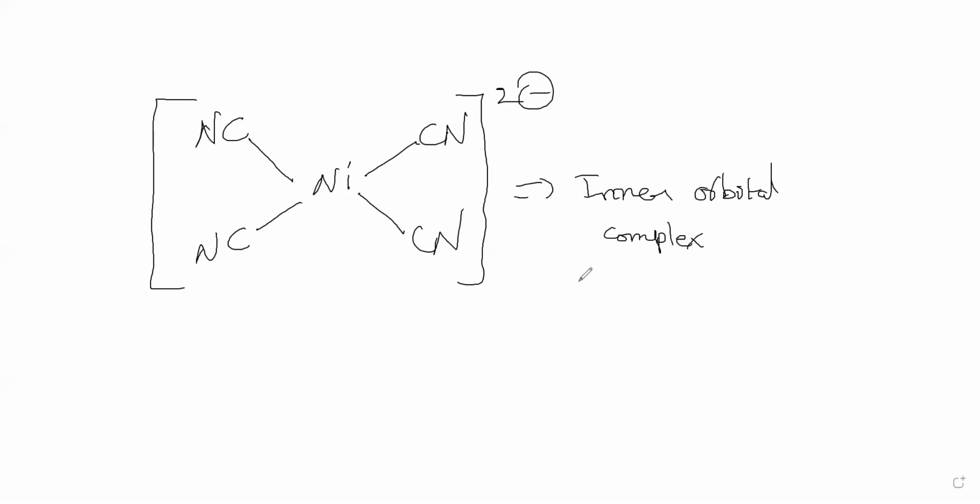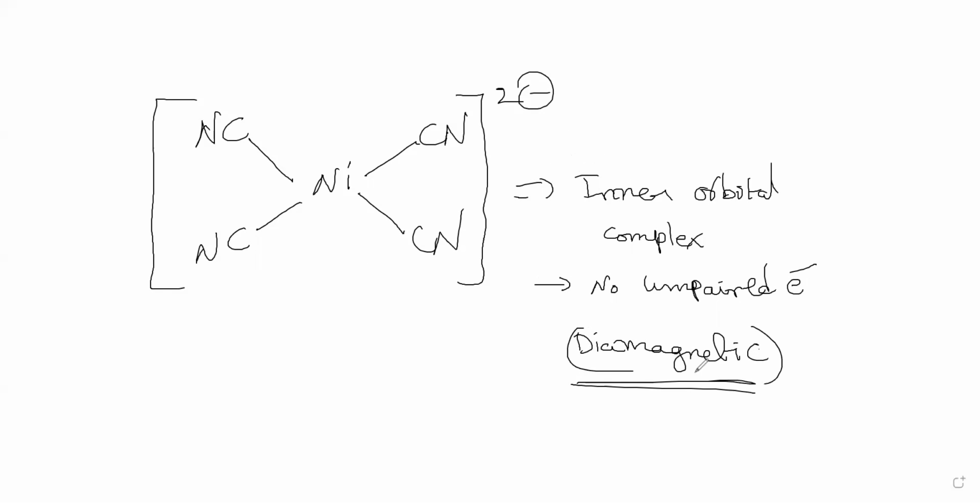And it has no unpaired electron. If no unpaired electron is there, that's diamagnetic. If unpaired electron is there, that's paramagnetic. Inner orbital complex, no unpaired electron, it is diamagnetic. So this you can remember.